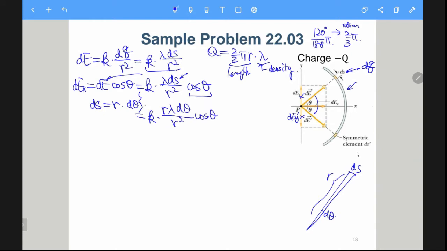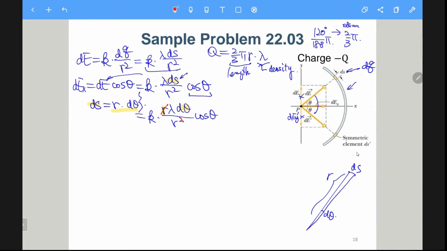So we just substitute ds to be this term, so we have r d theta here. Okay, so next we can actually cancel out r and this square.